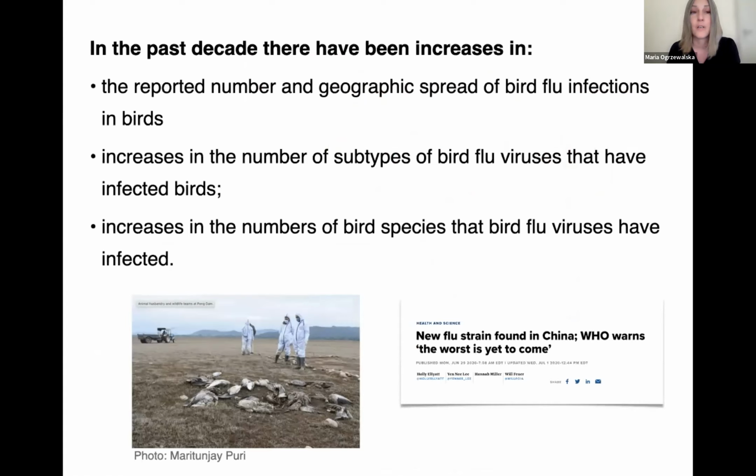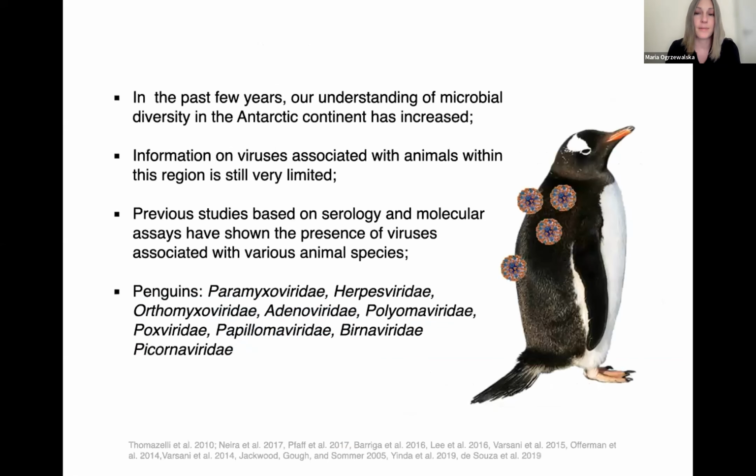In recent times, we observed an increase in those cases, an increase in the number of subtypes of avian influenza that infect birds, and an increase in the number of bird species that the virus affects. And what about Antarctica?